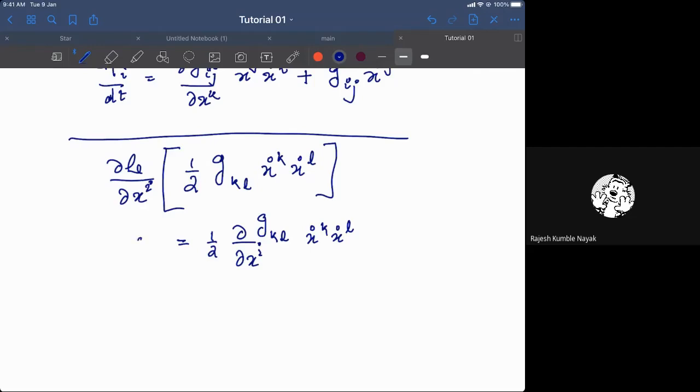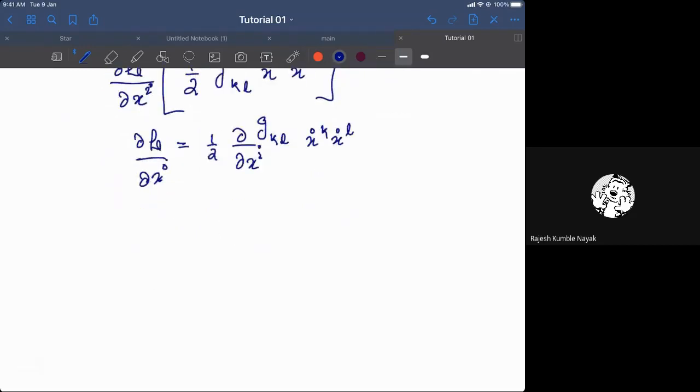Once you have that, we can put it all together and write the final form of the Euler-Lagrange differential equation. The first part is coming from the rate of change of momentum, which had two terms left, and that is g_ij x double dot j, plus the derivative of g_ij with respect to x_k times x dot j x dot k.